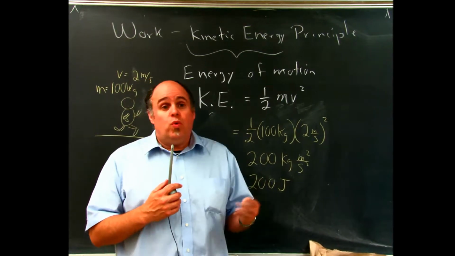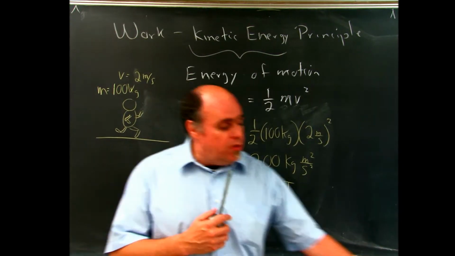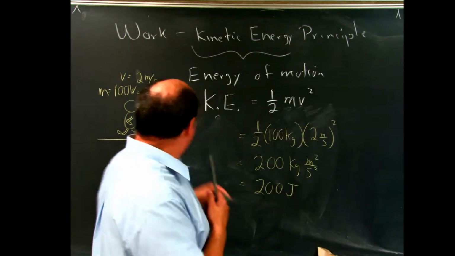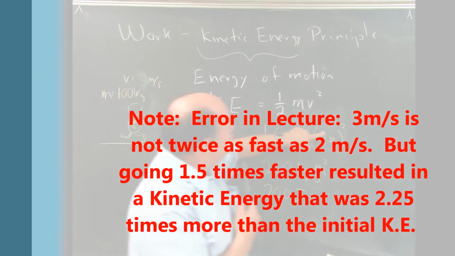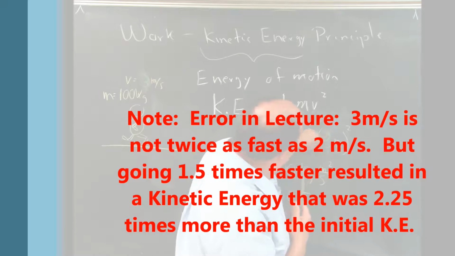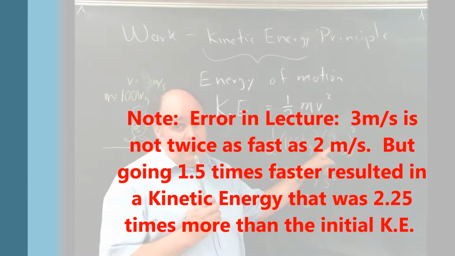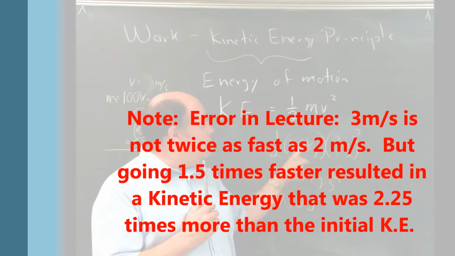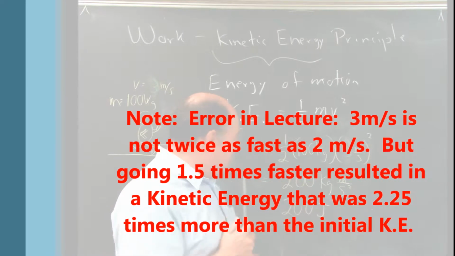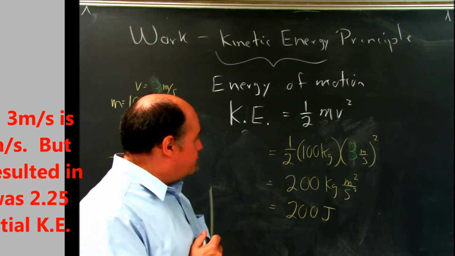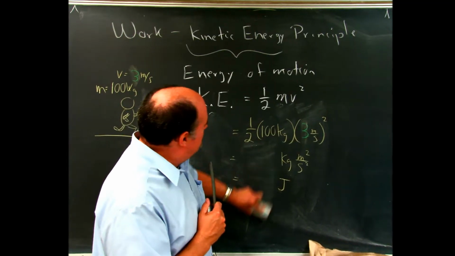If the person were to go faster, let's see how that would change. If they went 3 meters per second instead, this would become a 3. When you square 3, you get 9. 9 times 100 is 900, and half of that is 450. So this would become 450.